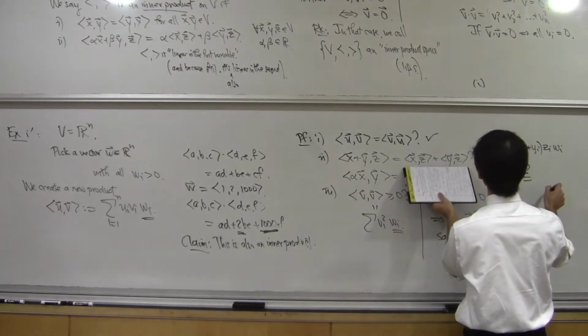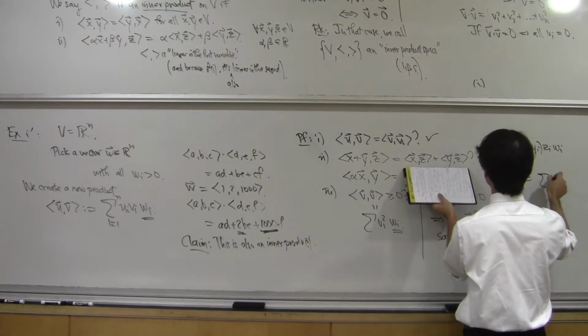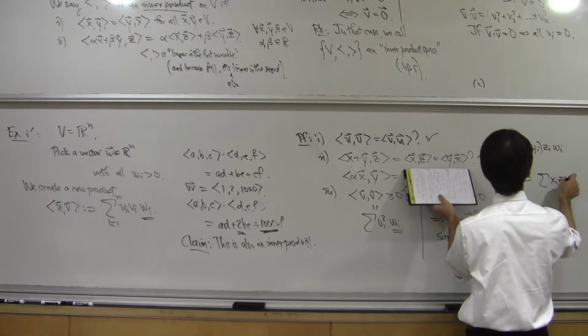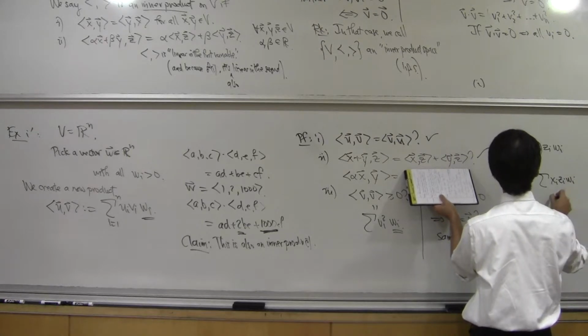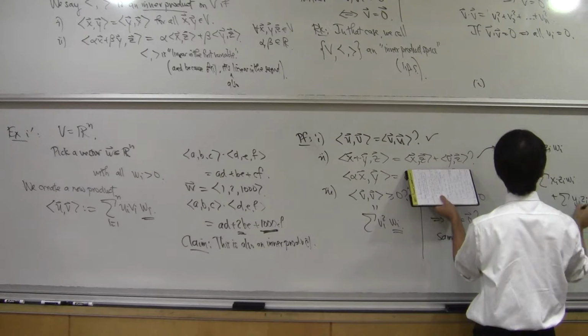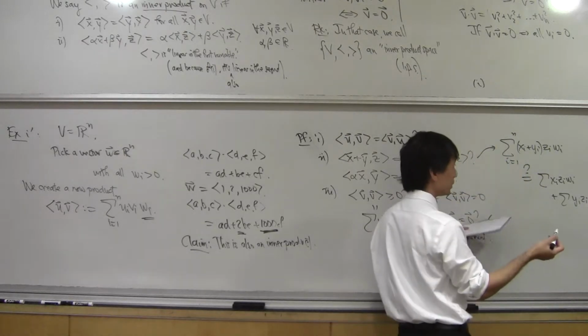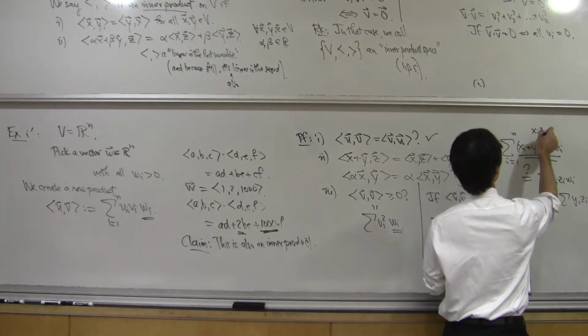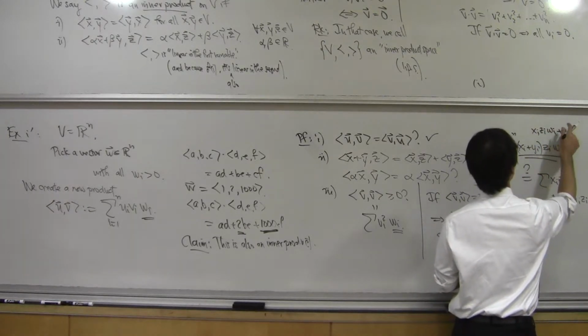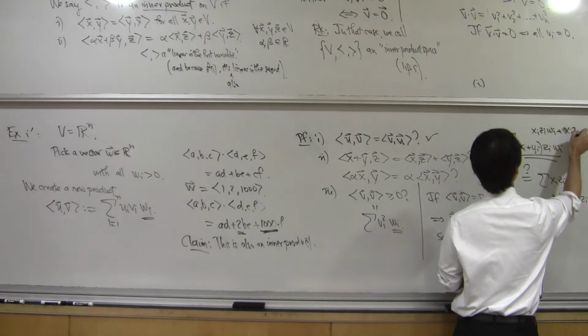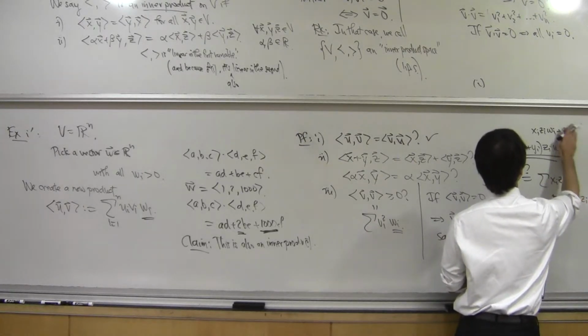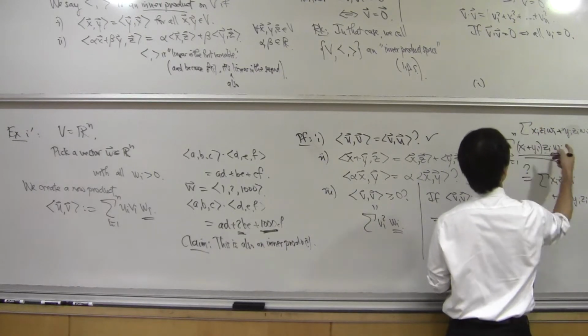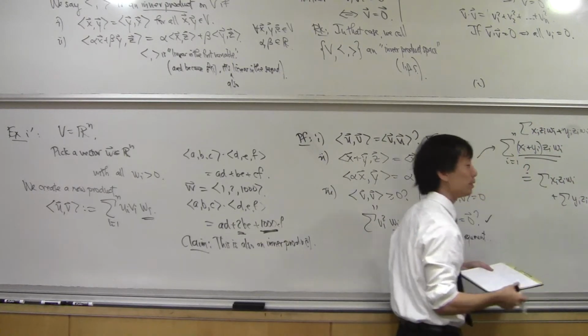We're saying, is that the same thing as ⟨X, Z⟩, so the summation of x_i z_i w_i, plus the summation of y_i z_i w_i? Sure, you just distribute this: x_i z_i w_i plus y_i z_i w_i. And those are the same thing. So it's just a calculation.